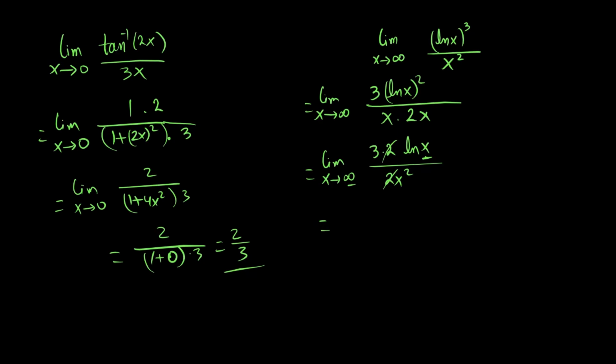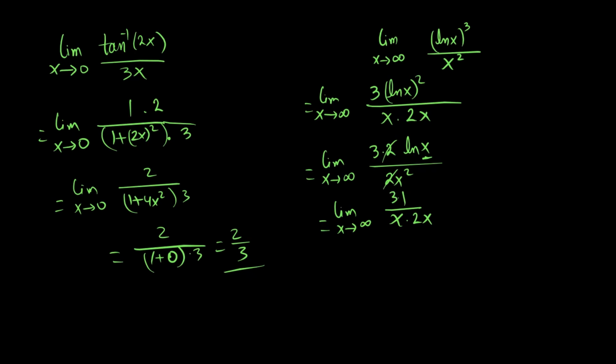In this case, we will apply the rule again. The limit stays infinity. The derivative of ln x is 1 over x, and the derivative of x square is 2x, and this 3 stays right there.